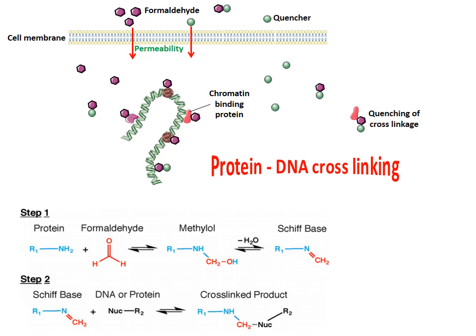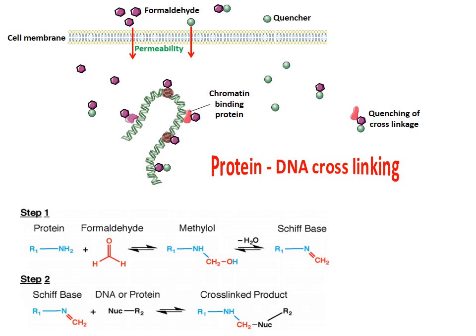These smallest aldehydes are electrophilic species. That means they are highly susceptible to chemical attack by nucleophilic species. Here the nucleophiles may be from the amino acids of the proteins. Usually formaldehyde targets the primary amino group of the lysine residues.